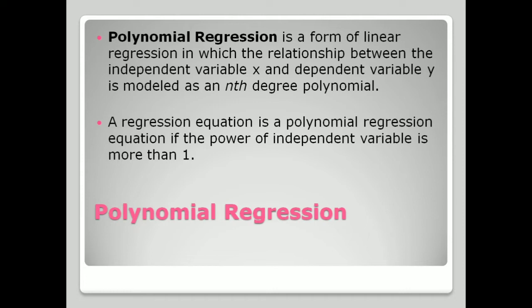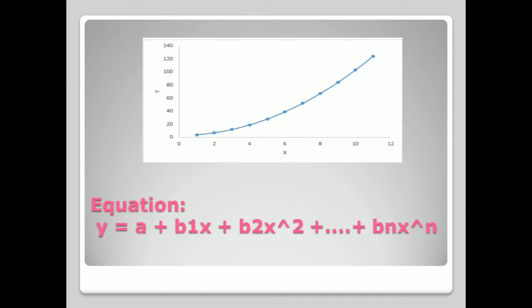A regression equation is a polynomial regression equation if the power of the independent variable is more than 1. Here the power of variable x will be increasing as the equation goes on, based on the coefficient of the relationship. So here is a figure. This is the x variable which is independent and y is the dependent variable.